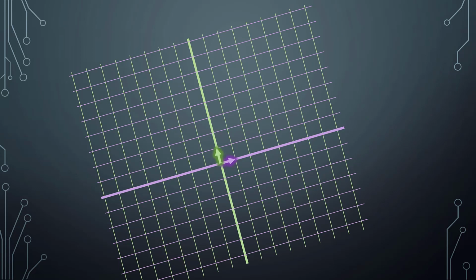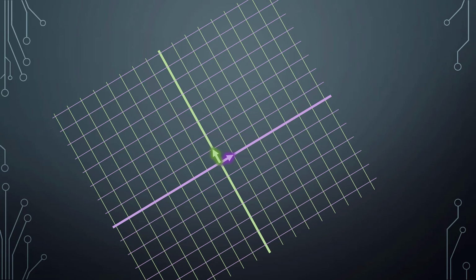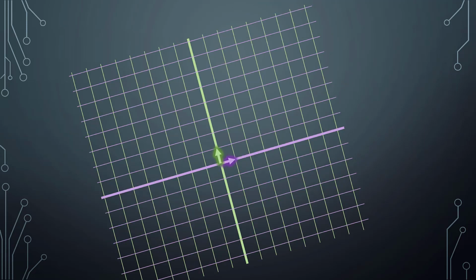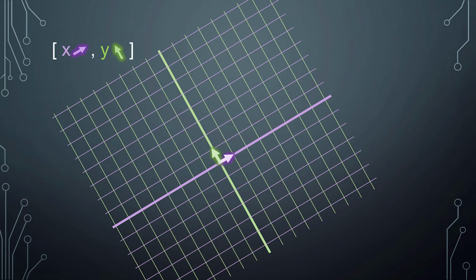So we can rotate these vectors if we have different rotated versions of these vectors that are still unit length and are still perpendicular. They just point in some other direction. Okay, then we can represent new vectors and new points in two-dimensional space as scaled versions of these two new orthonormal basis vectors that are rotated.